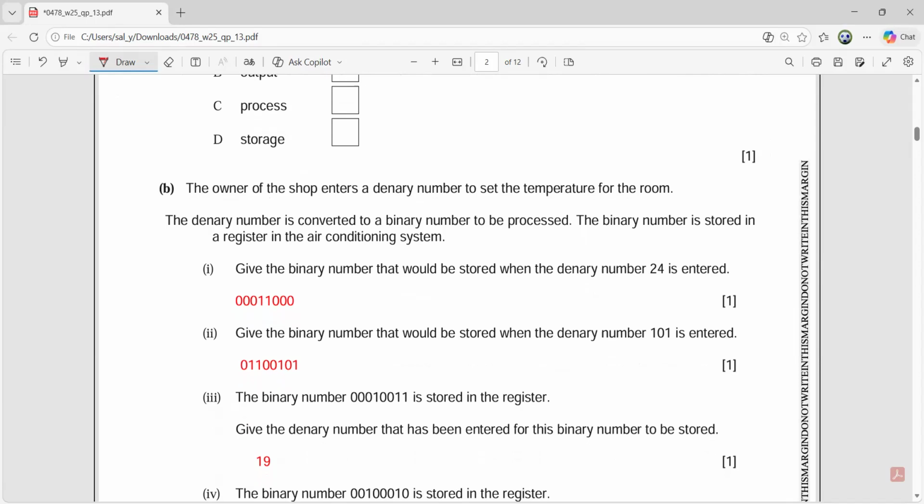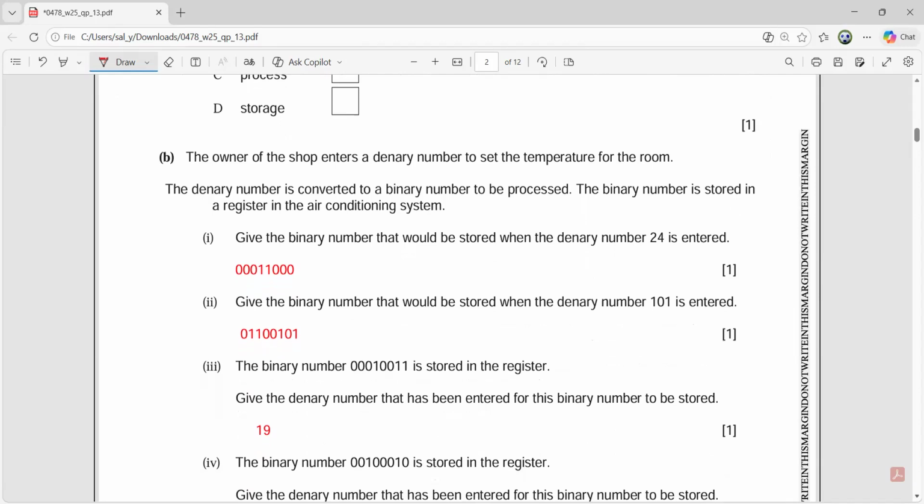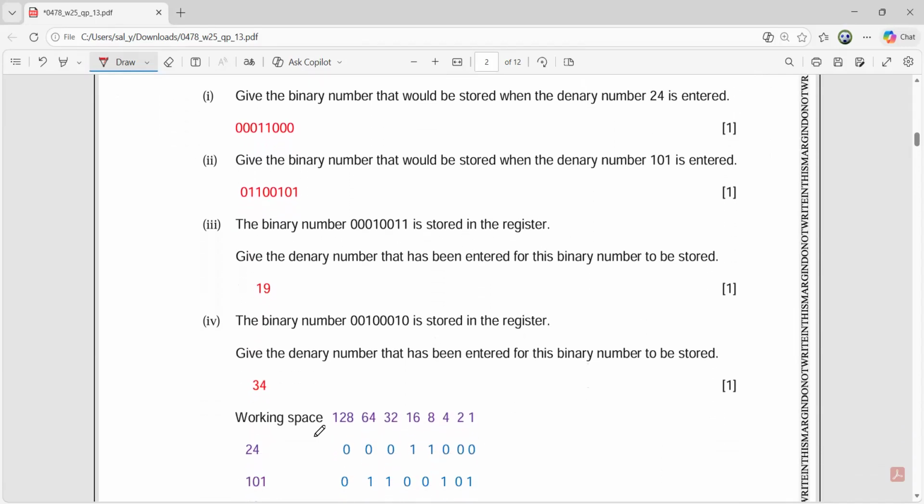Give the binary number that would be stored when the denary number 24 is entered. Now this is your value 24, and you are supposed to write its equivalent binary value. So you can see this is the working space. We have written 1, 2, 4, 8, 16, 32, 64, 128 for the entire register of 8 bits.